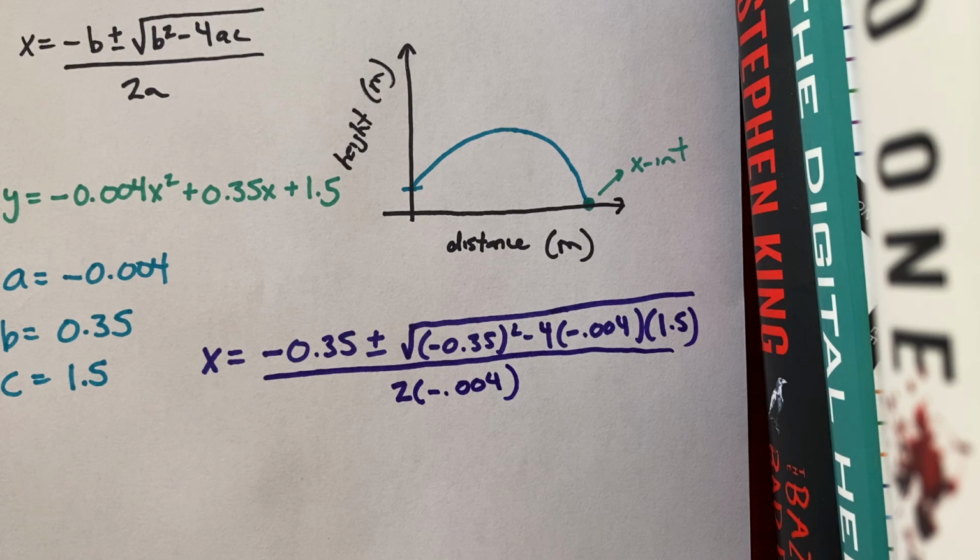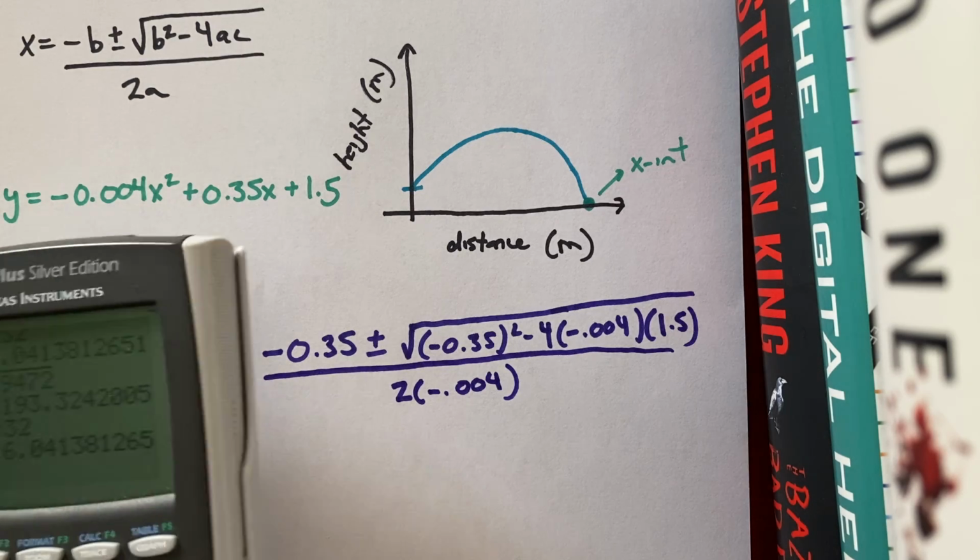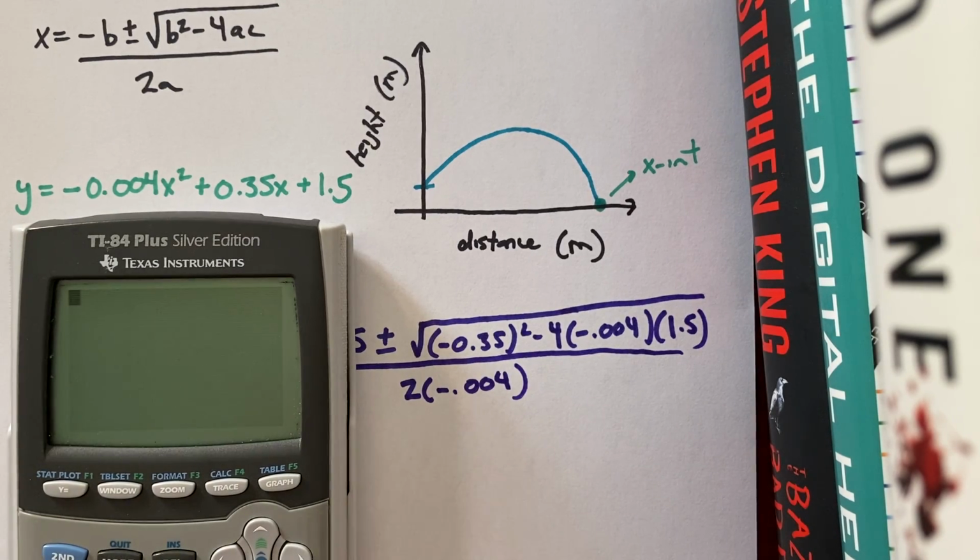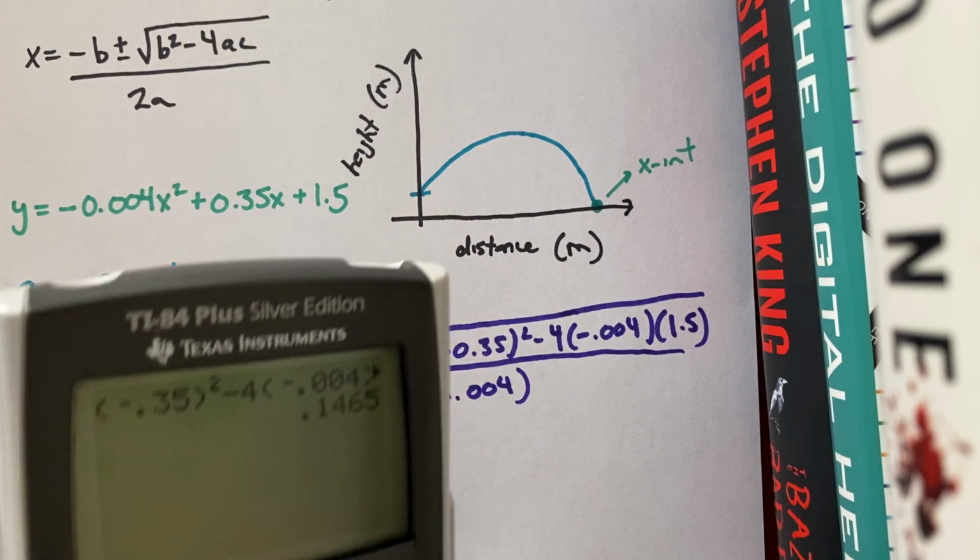Once again, guys, looks sloppy. I can pretty much guarantee you that the discriminant is not going to be a nice number. It's probably going to be irrational. Let's check it out. Negative 0.35 squared minus 4 times negative 0.004 times 1.5, and we get 0.1465.